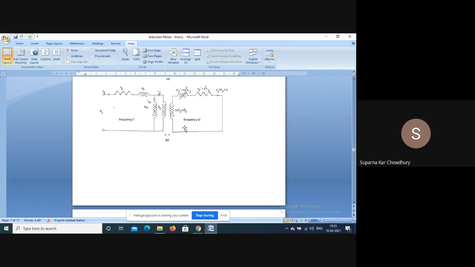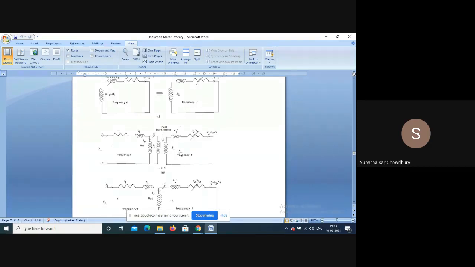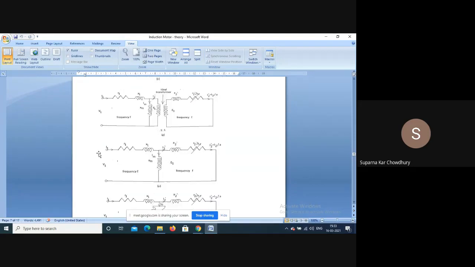So even if we have a turns ratio 1:1, we cannot connect them electrically because they are at different frequency. But this circuit has 1:1 voltage, and the frequencies are same. So we can connect them electrically.